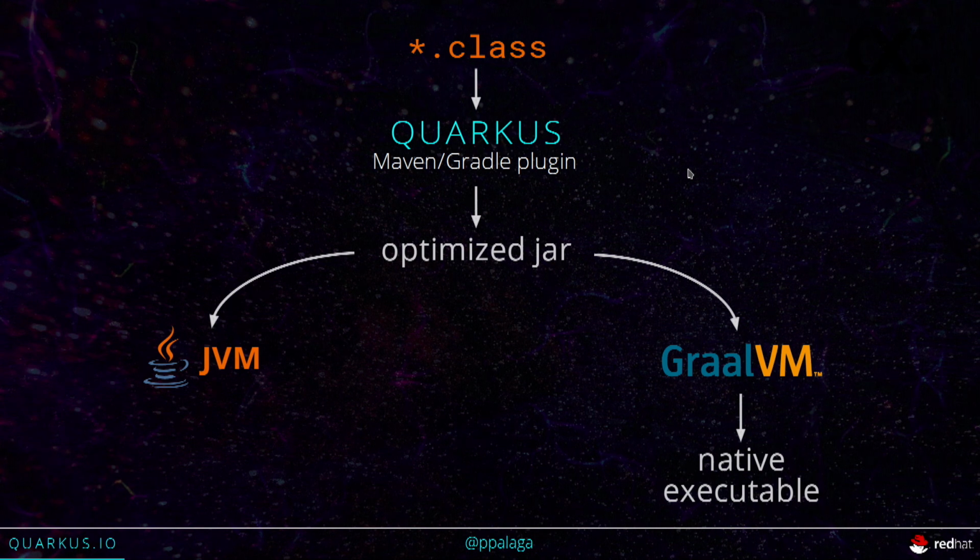So there are two modes, the JVM mode and the native mode. JVM mode is much faster to compile and produce, and offers faster feedback, so as long as you are developing, you will probably prefer using JVM mode. And when you are done, and when you want to package the application into a container, into an image, you will probably produce the native executable only then, at a later phase of your development.